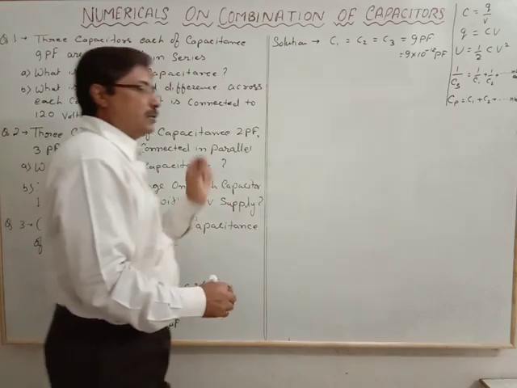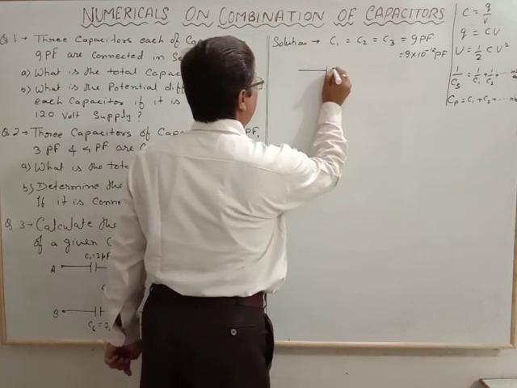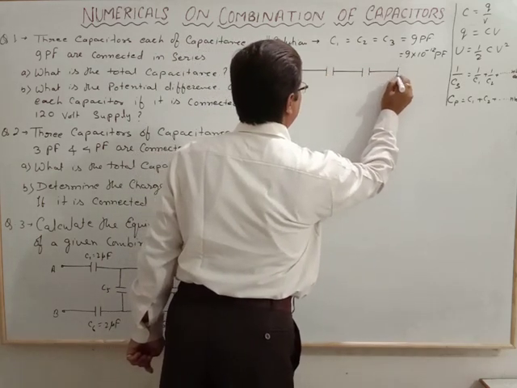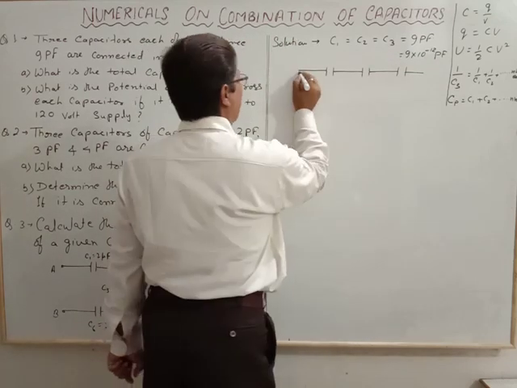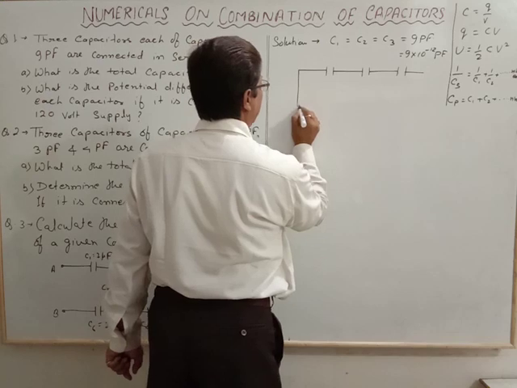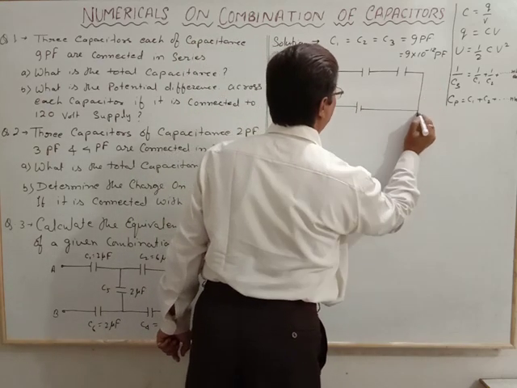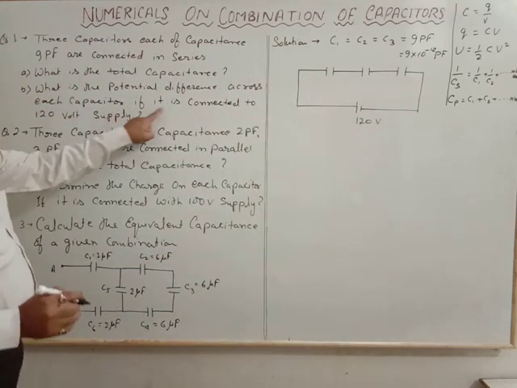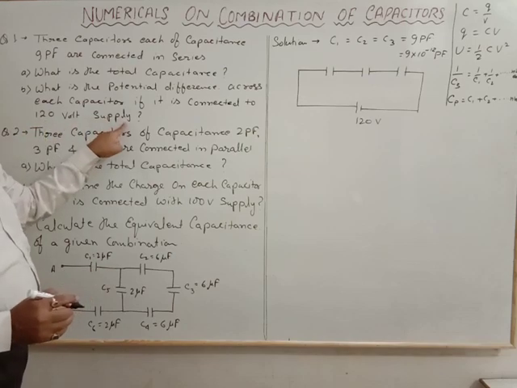So draw the figure for better understanding. The three capacitors are arranged in series, of the same capacitance of 9 picofarad, and these three capacitors are connected with the battery of potential difference of 120 volt. That is given in the question, that it is connected to the 120 volt supply.